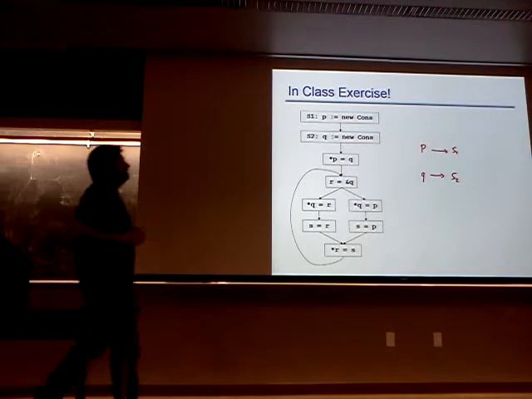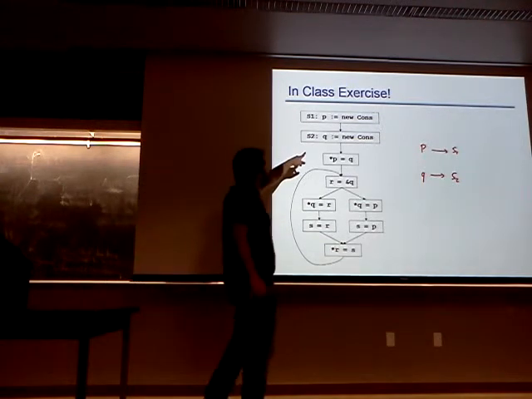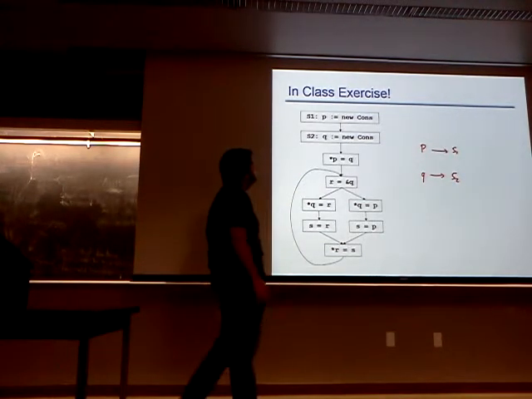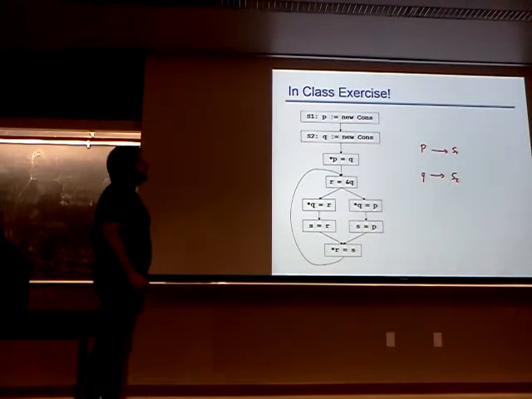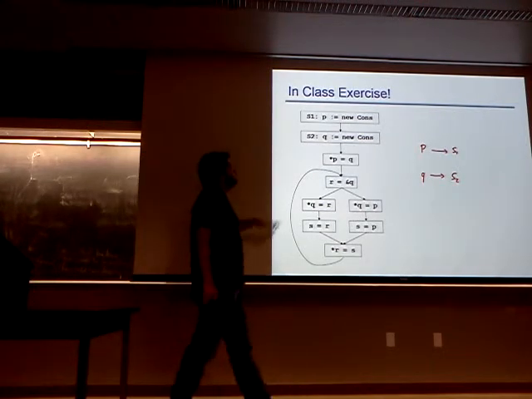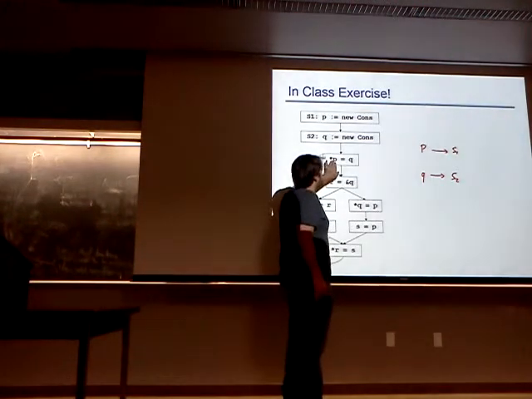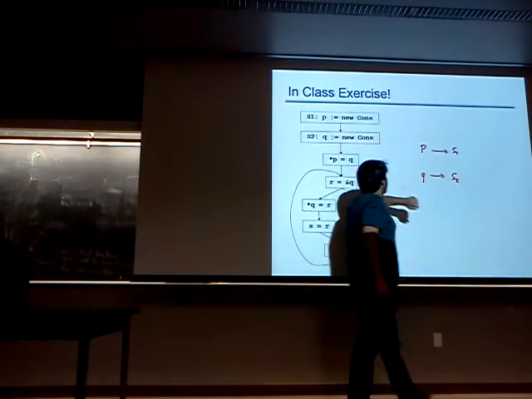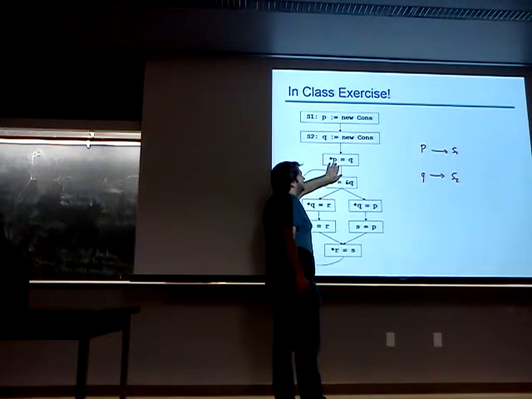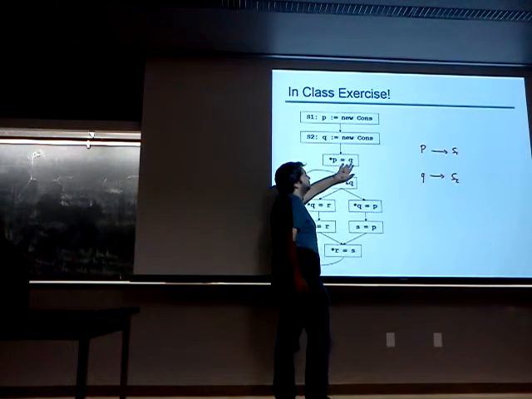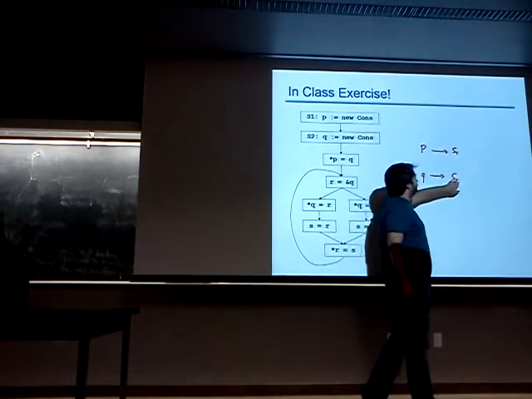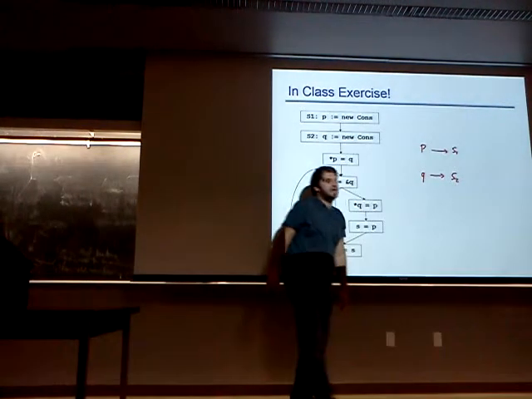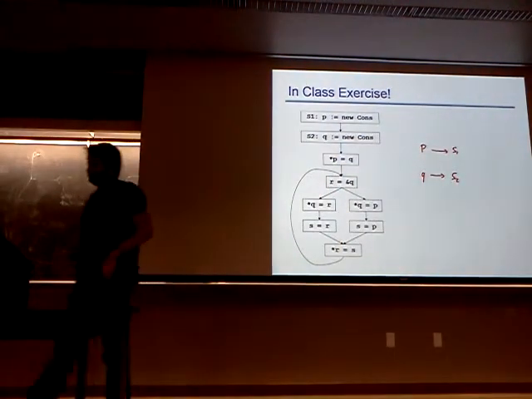So if you run the first two statements, this is what you get. P points to S1, Q points to S2. Then we do star P gets Q. Star P is S1, so S1 now is going to get the value of Q. Q points to S2, so what this means is that S1 can point to S2.